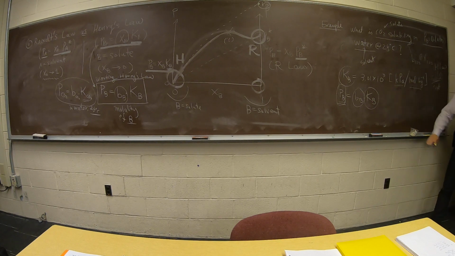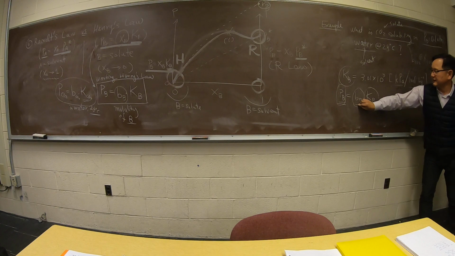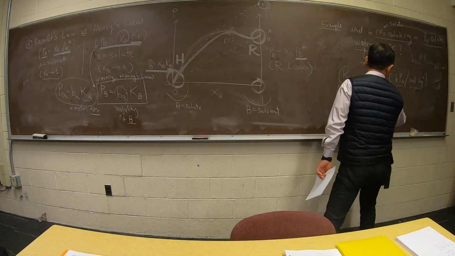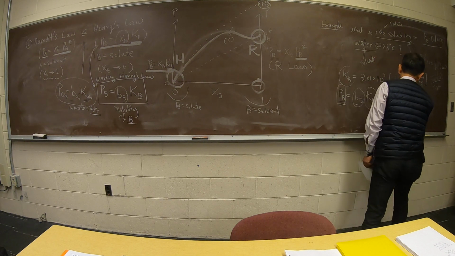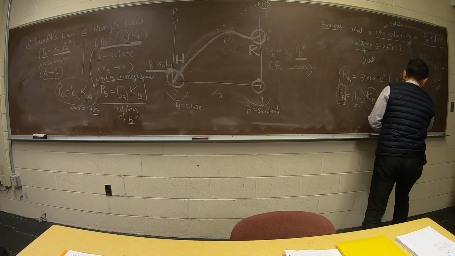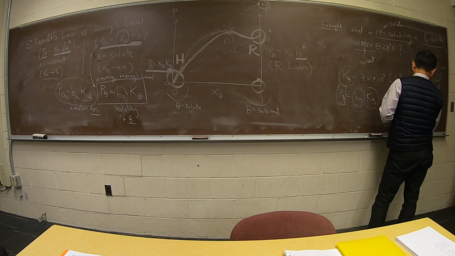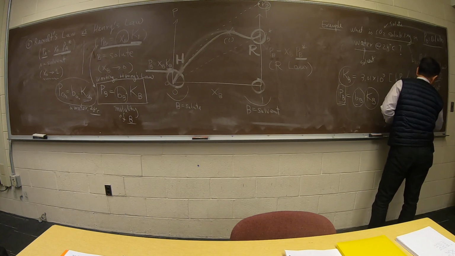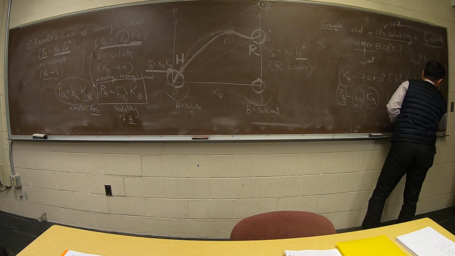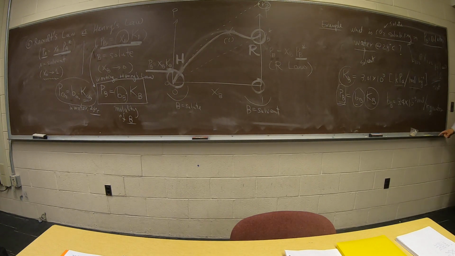So you pull out these numbers and you can calculate this. And the answer for this PB is actually 3.4 times 10 to the minus 3 mole per kilogram of water. So this one is so small.